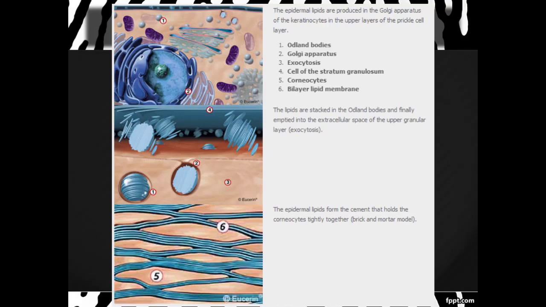It's some kind of cement that holds the corneocytes or keratinocytes tightly together, and also forms the water barrier.